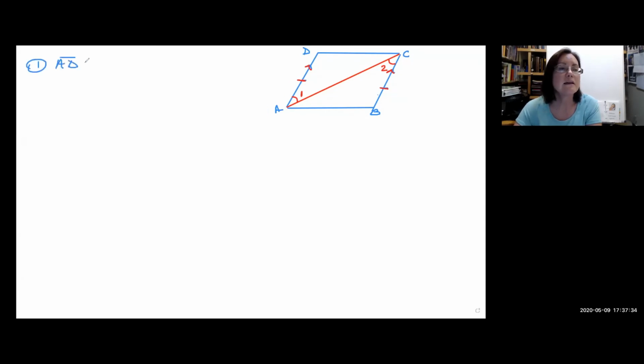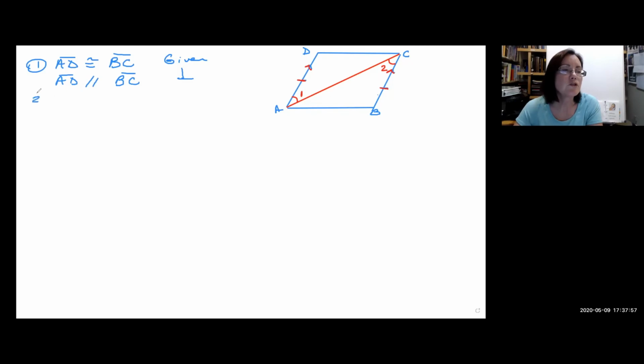AD is congruent to BC, and AD is parallel to BC. Those are the two things that were given to me, right? Okay. And then I don't actually have to write a step that I created a diagonal through AC. It's on my diagram.